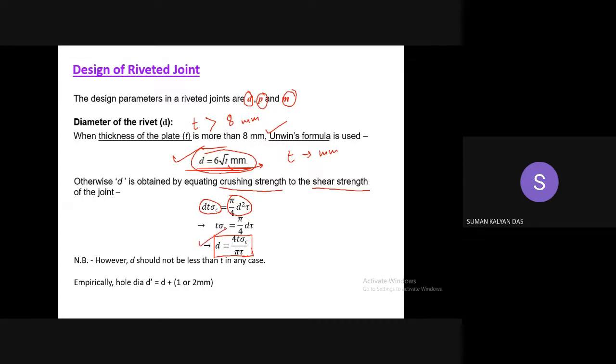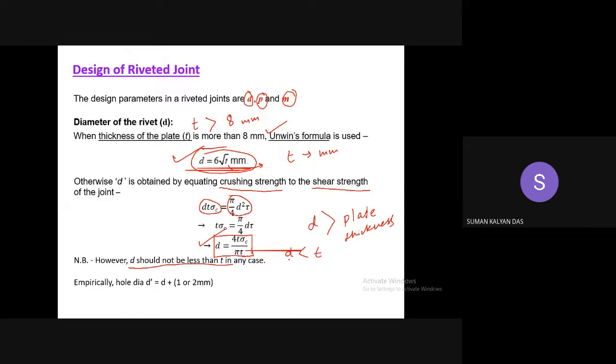Now, after calculating D, you should see that D should not be less than T. Normally, D is always greater than the plate thickness, so you should check whether your D is greater than plate thickness or not. Suppose after calculating the diameter, you find that D is less than T. What to do?